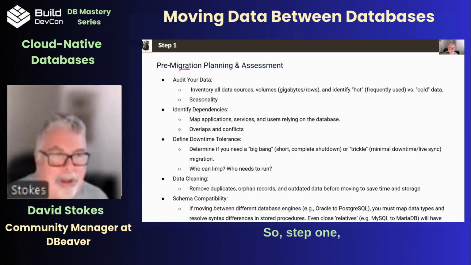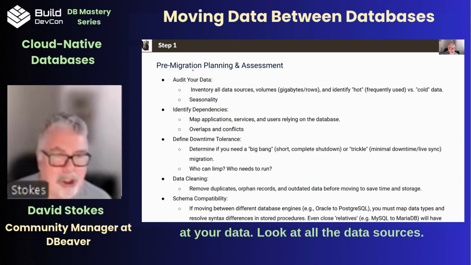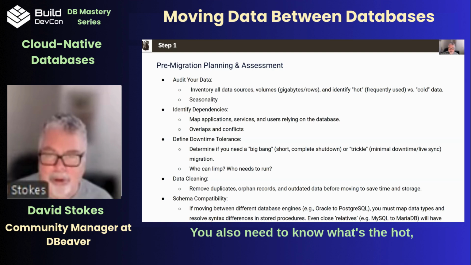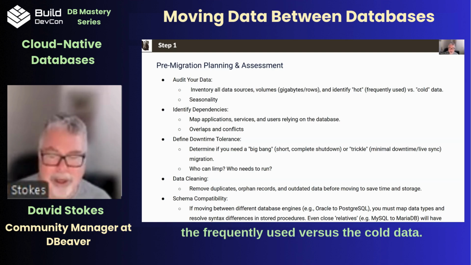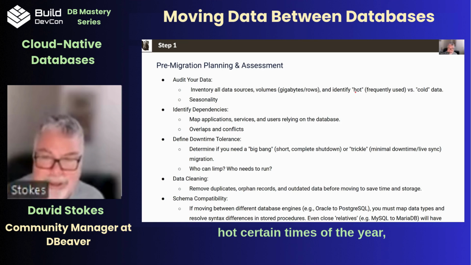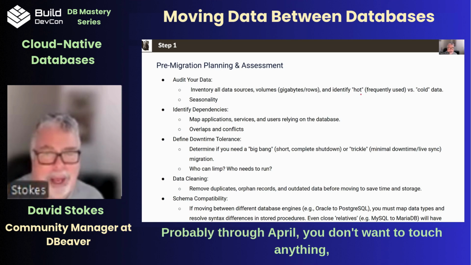So, step one. Go out there and take a good look at your data. Look at all the data sources, volumes. Do you know where everything is? You also need to know what's the hot, the frequently used versus the cold data. You might have some data that's hot certain times of the year, like if your company does income taxes in the US, probably through April, you don't want to touch anything.